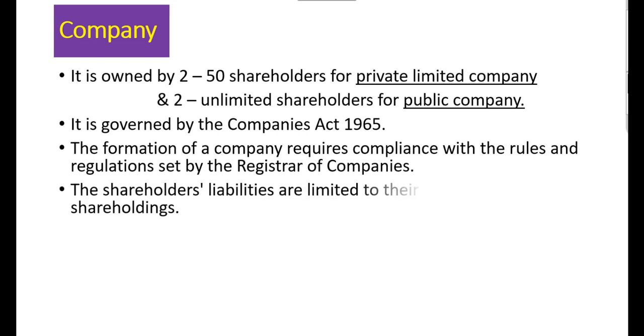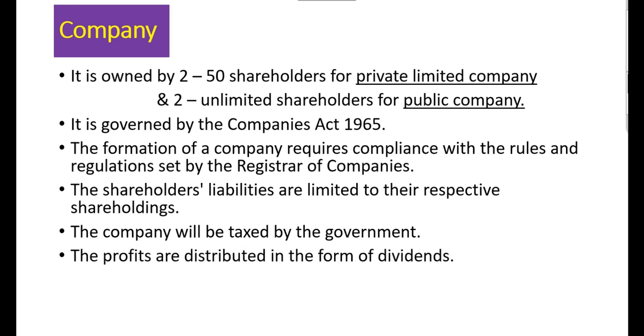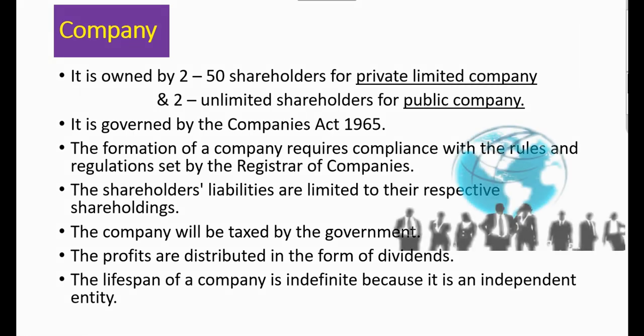The shareholders' liabilities are limited to their respective shareholdings. The company will be taxed by the government. The profits are distributed in the form of dividends. The lifespan of a company is indefinite because it is an independent entity.